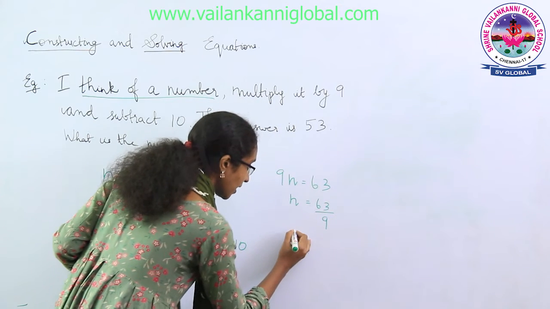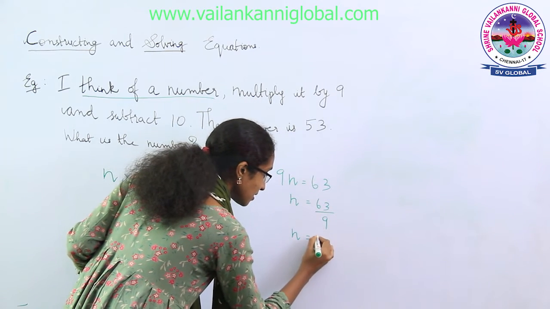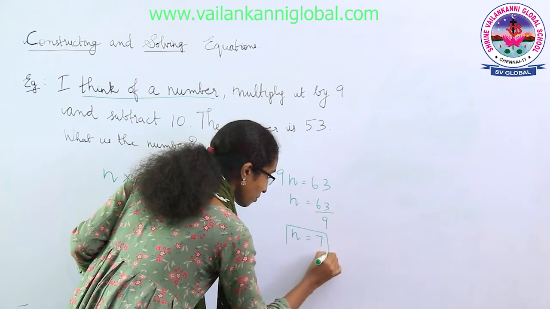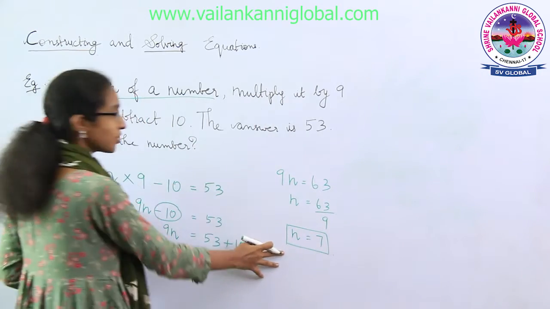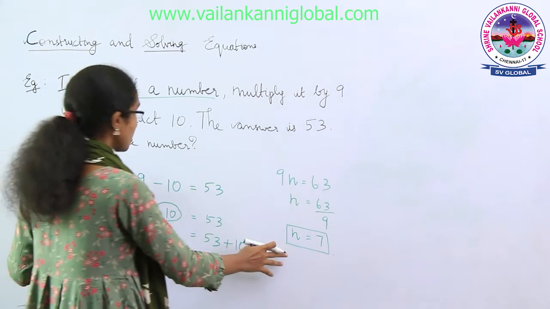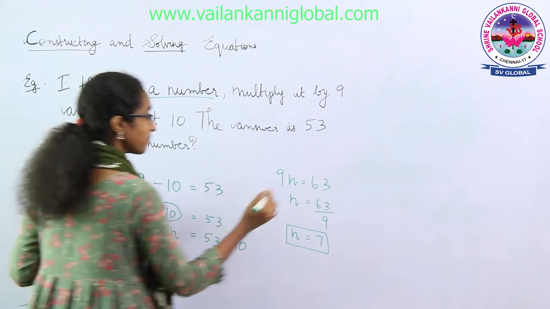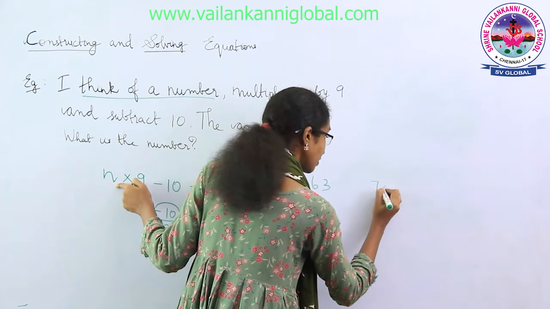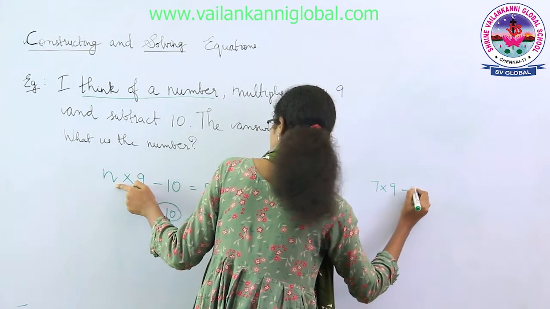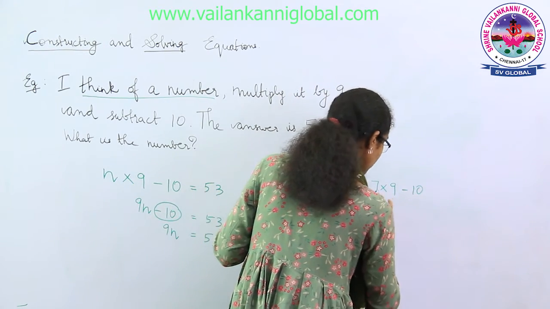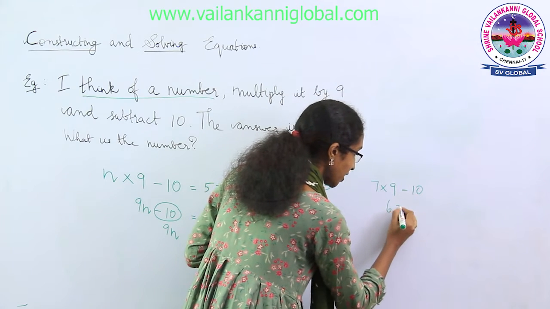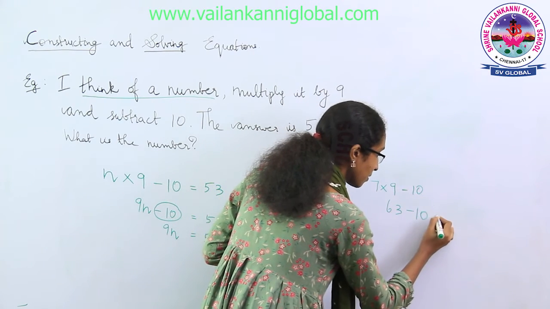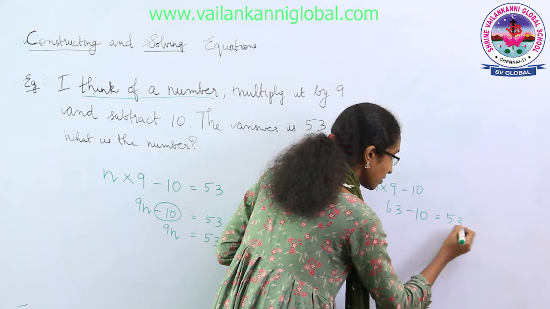The answer is 7. So let us check whether the answer is right or not. Substitute in the equation: 7 into 9 minus 10. So 7 9s is 63 and minus 10 will give us 53.